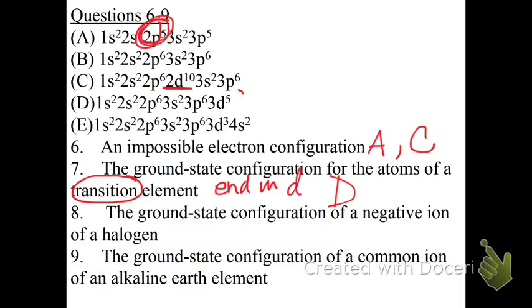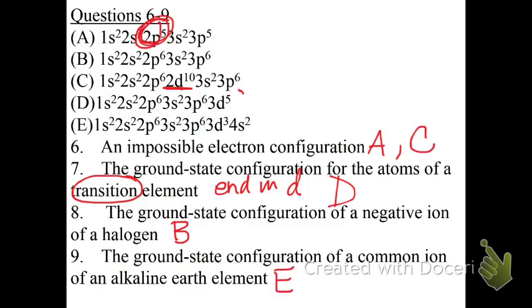So the ground state configuration of a negative ion of a halogen would be B, because a halogen is going to take in 1. And then the ground state configuration of a common ion of an alkaline earth metal. Alkaline earth metals are in group 2, so they end in a 4s2, so that would be E.